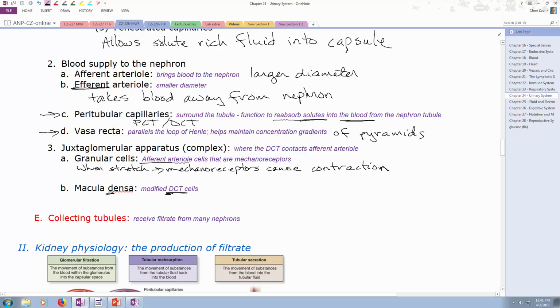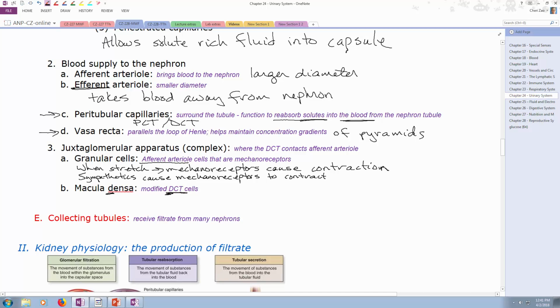The other thing is when we activate our sympathetics. They will also cause the mechanoreceptors to contract, just like we learned previously.